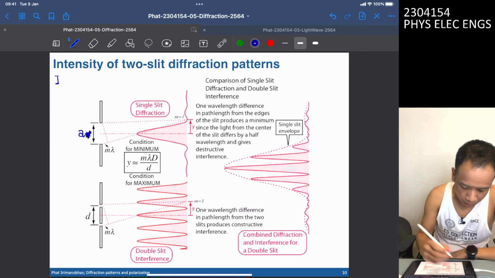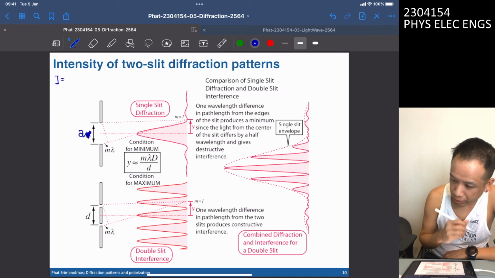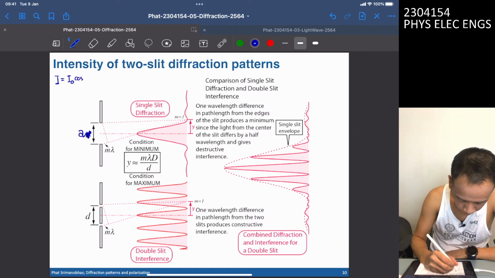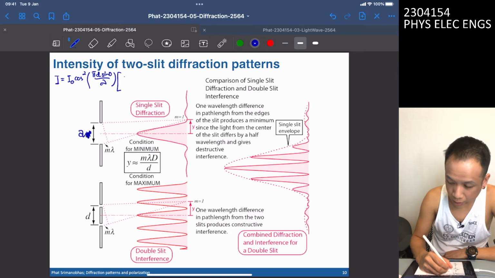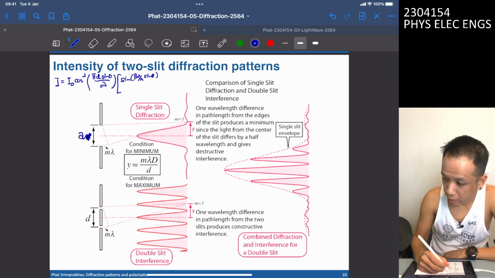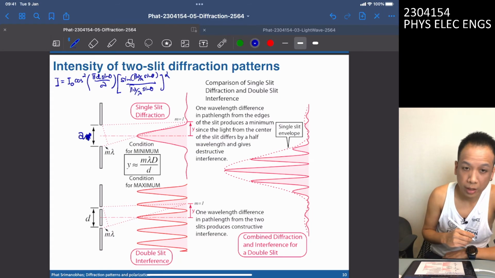So the intensity is going to be the multiplication of the interference pattern, from the last topic, cosine squared of pi d sine theta over lambda, and then sine of pi a over lambda sine theta divided by pi a over lambda sine theta, squared.